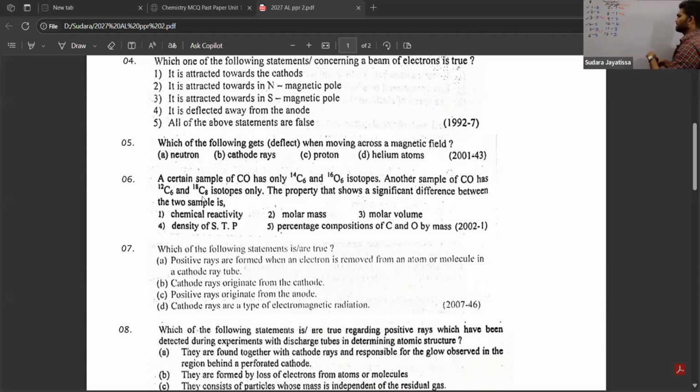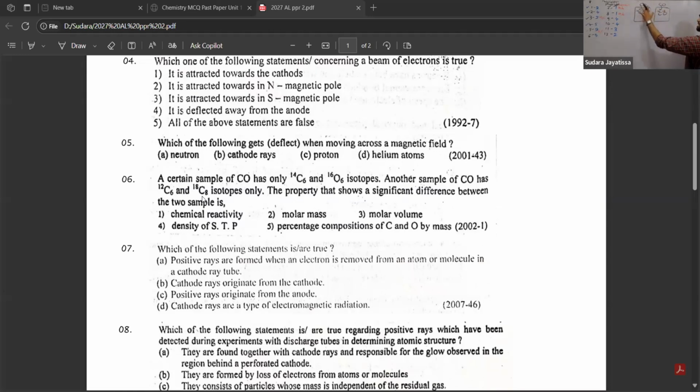So there are 2 samples of carbon monoxide. One is having carbon 14 and oxygen 16, and the other carbon monoxide sample is having carbon 12 and oxygen 18.